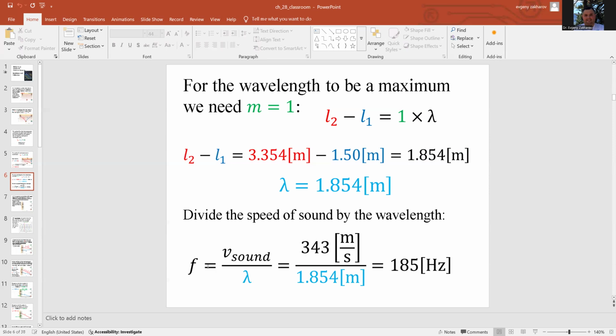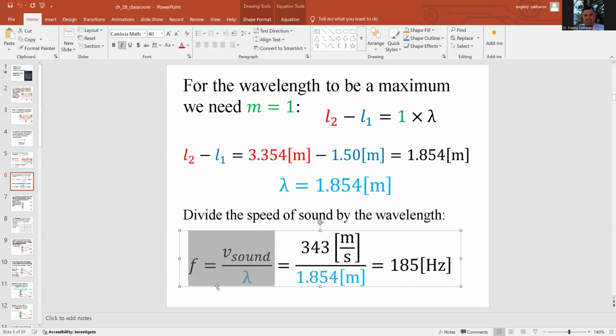And you have the frequency formula. Frequency is always some kind of a speed divided by the wavelength. Remember, it also works for light. It's not just sound that has this connection. For an electromagnetic wave traveling at the speed of light, you have the same connection. Frequency is the speed divided by the lambda.